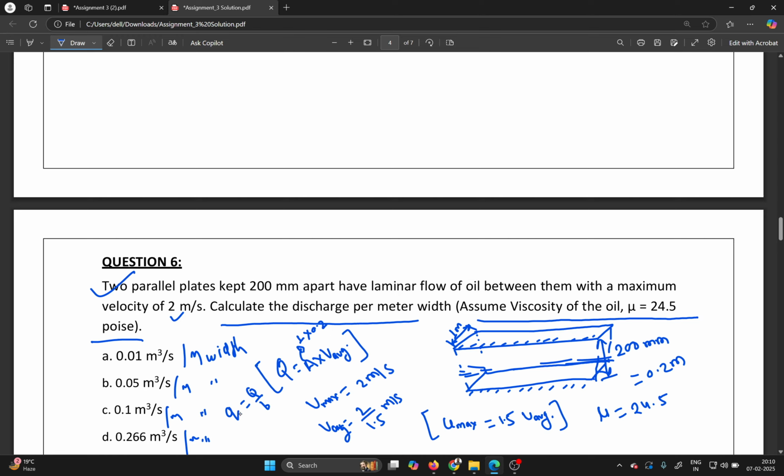So small q is your depth 0.2 meter into your average velocity 2 by 1.5. So you can write here 0.4 divided by 1.5.